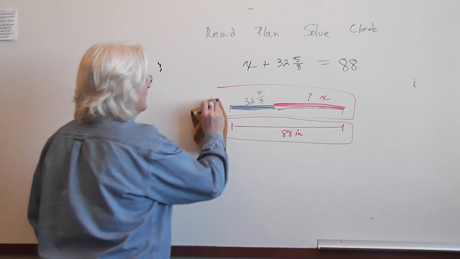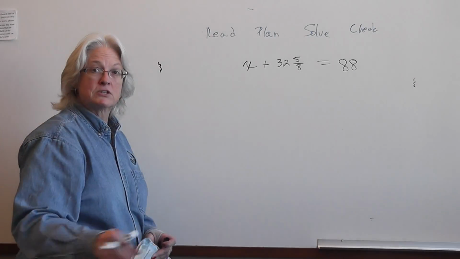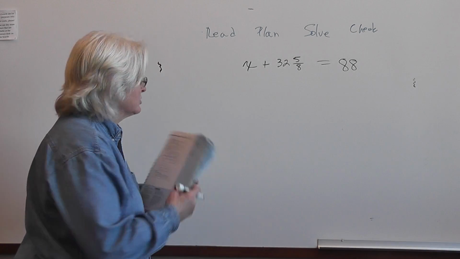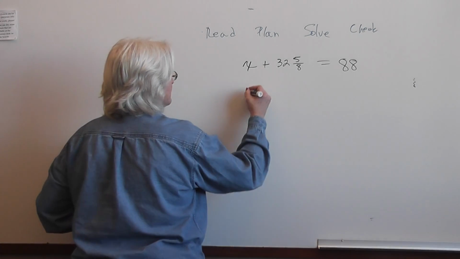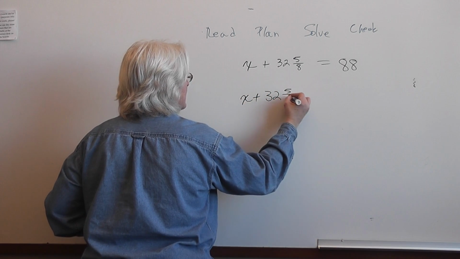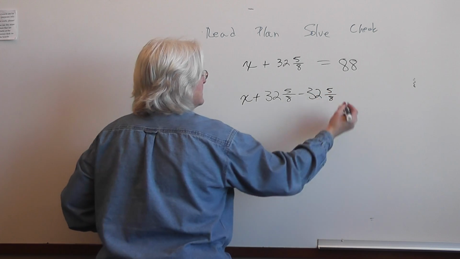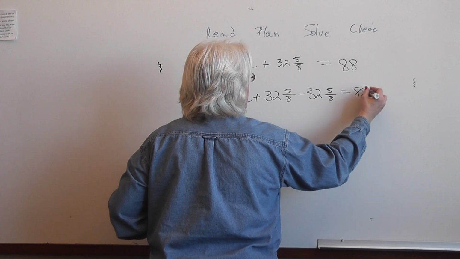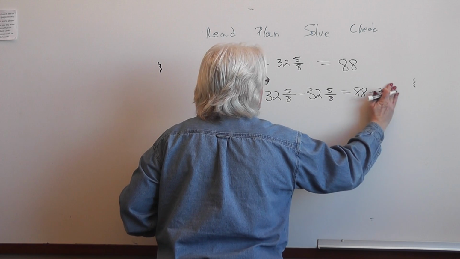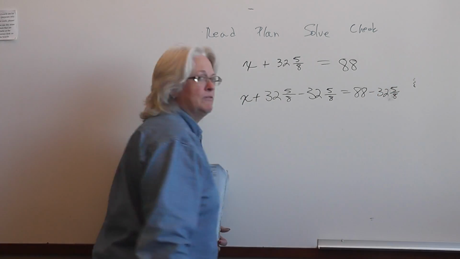So now we've got our plan, we've written our equation, we just need to solve it. How are we going to solve it? You're going to subtract 32 5/8 of an inch from both sides of this equation. X plus 32 5/8 minus 32 5/8 is equal to 88 minus 32 5/8.